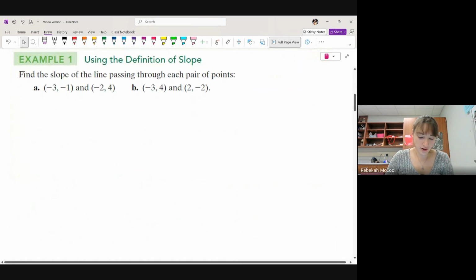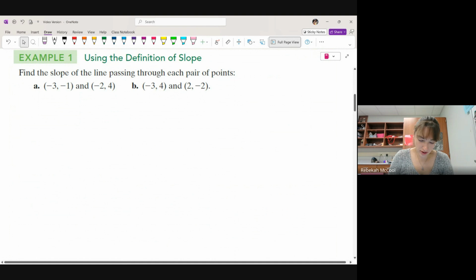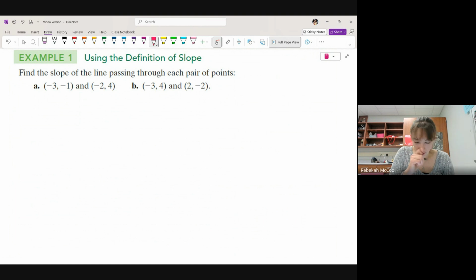If we're asked to find the slope of the line passing through each pair of points, we usually use the letter m to represent our slope. Order here doesn't matter with the way we put these into the formula, as long as we stay consistent. For A, I've got the coordinates (-3, -1) and (-2, 4). I'm going to pick 4 as my first y value, and then subtract the other y value, which is -1.